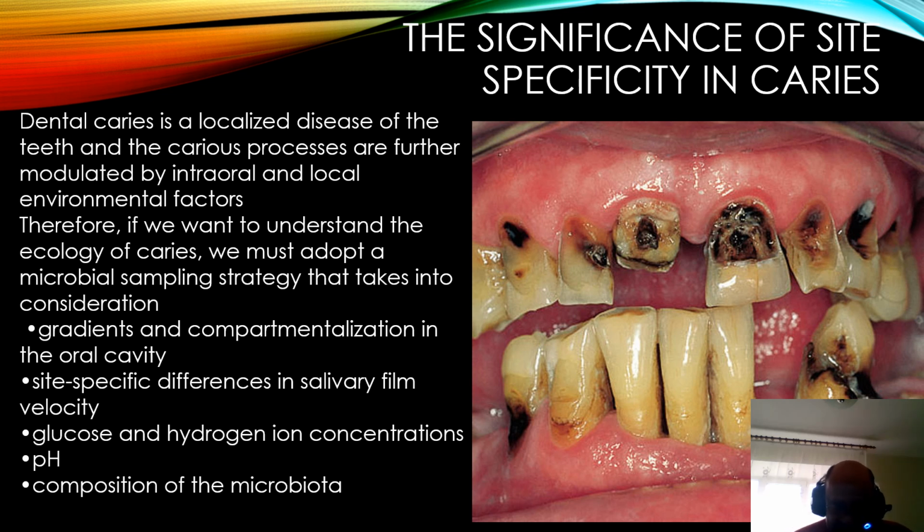Therefore, if we want to understand the etiology of caries, we must adopt a microbial sampling strategy that takes into consideration grading and compartmentalization in the oral cavity, site-specific difference in salivary film velocity, glucose and hydrogen ion concentrations, pH, composition of the microbiota.